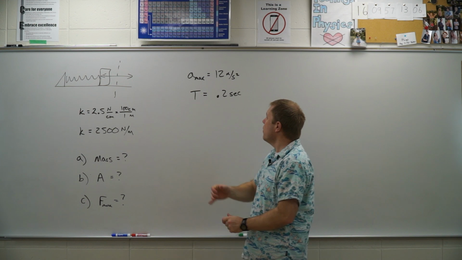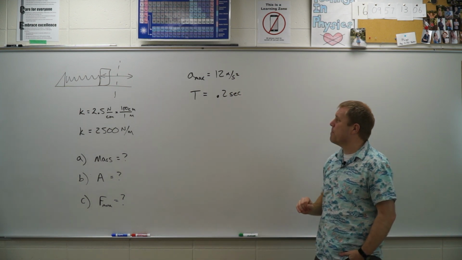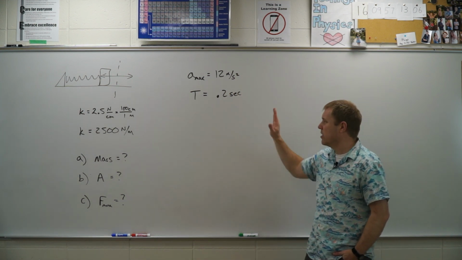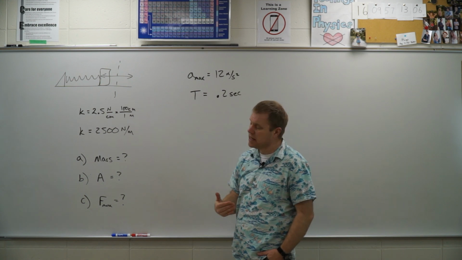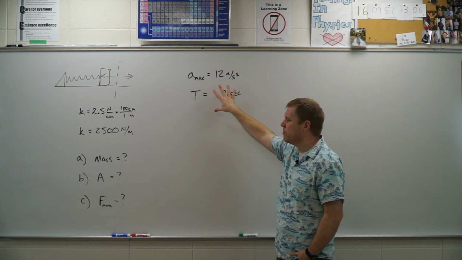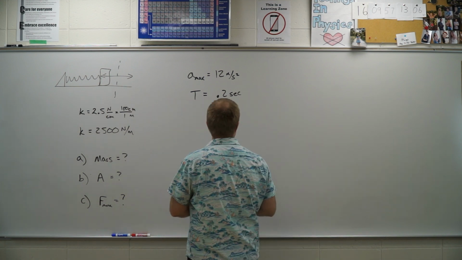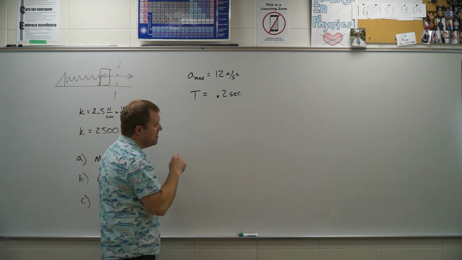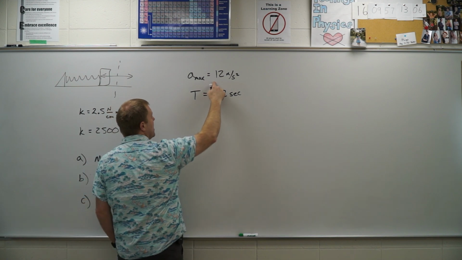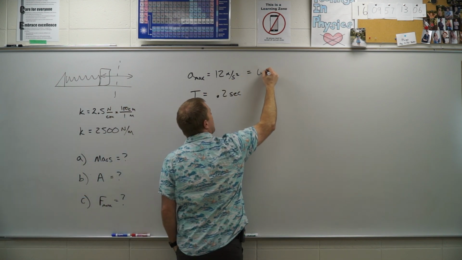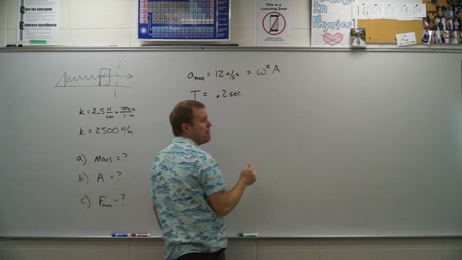All right. So I've marked down that the maximum acceleration is 12 meters per second squared and the period is 0.2 seconds. Let's see if we can use this information to find that mass. At any point, the maximum acceleration is equal to omega squared times the amplitude.